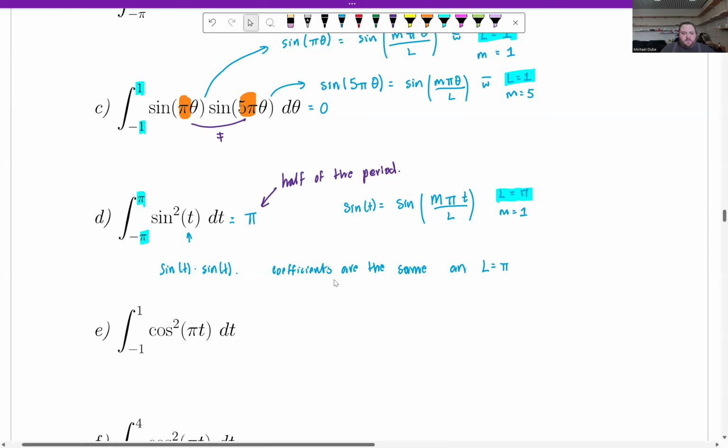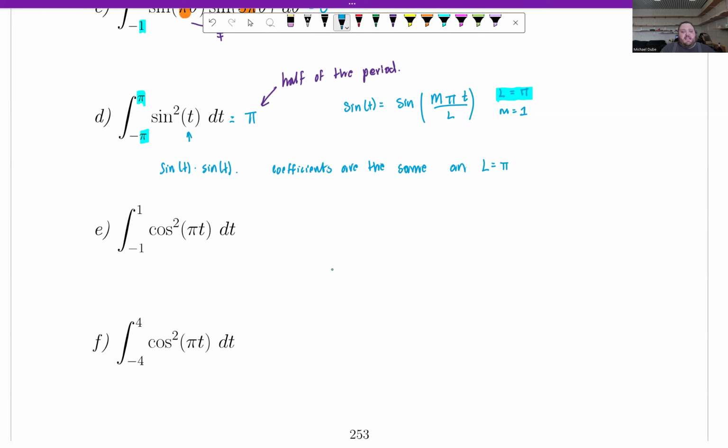Okay, good. We have a similar example here, cos squared pi t. So if we have cos of pi t, and we want to make that equal to cos of m pi t over L, then we would find L is going to equal 1, and m is going to equal 1 as well.